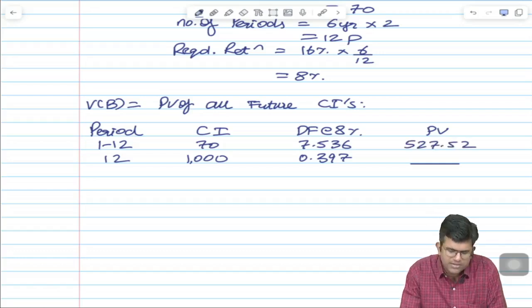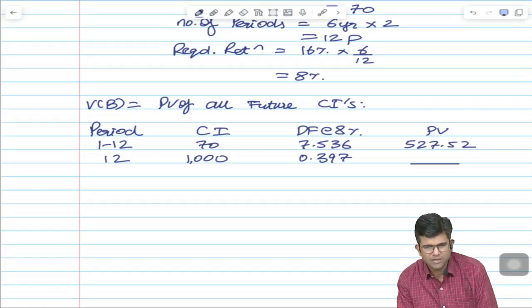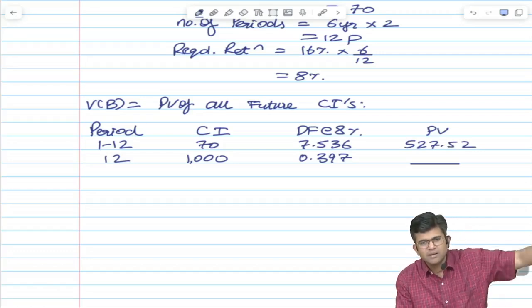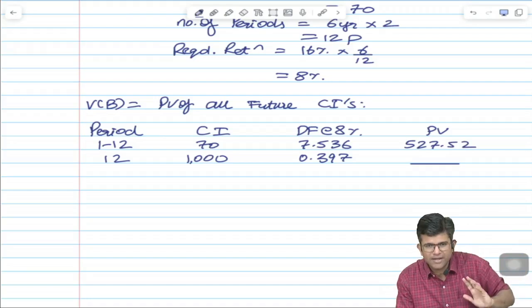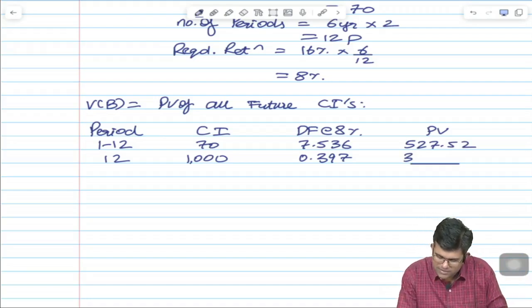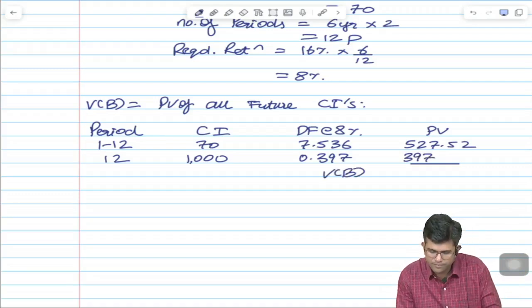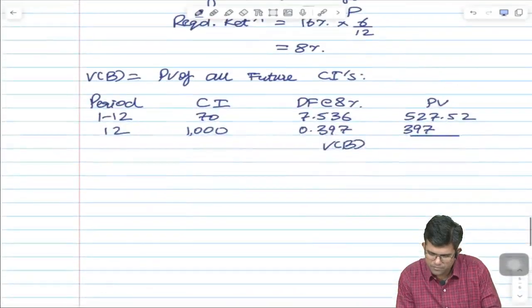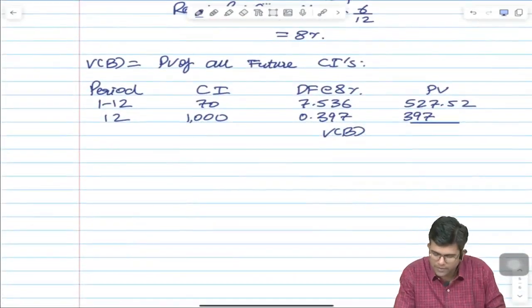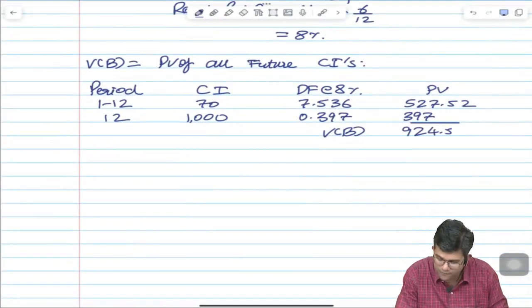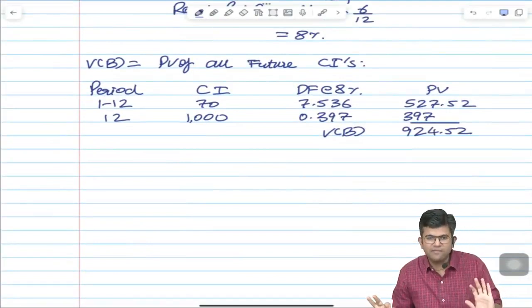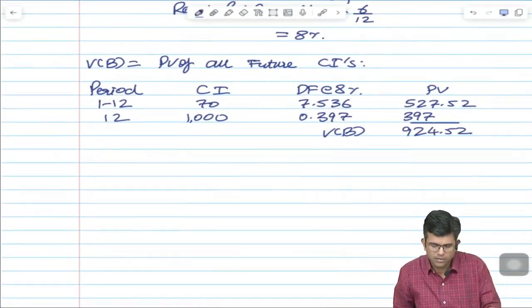And when you are doing this, one should not press M plus and all, because in M plus all the decimals also get captured. So round off, and then we'll add them properly. Okay, this is 397. Add them, you will get the value of bond: 924.52. Understood how to do plain vanilla, both annual and semi-annual? Okay, start.